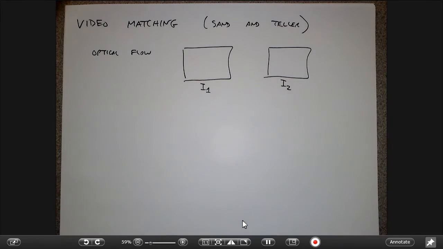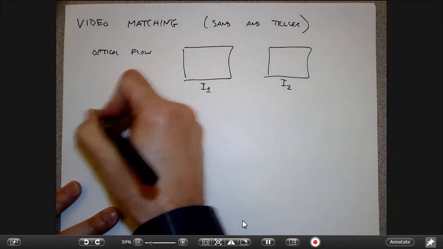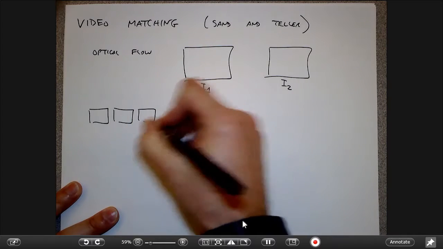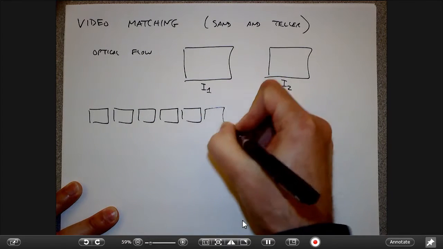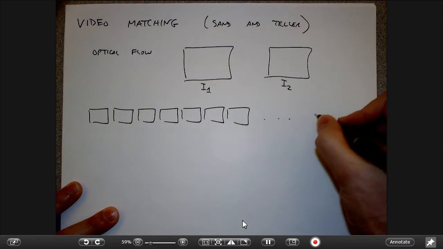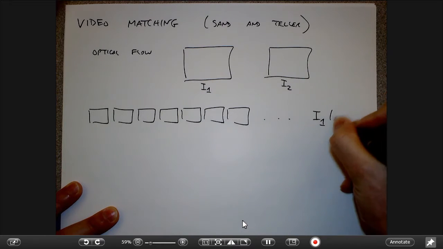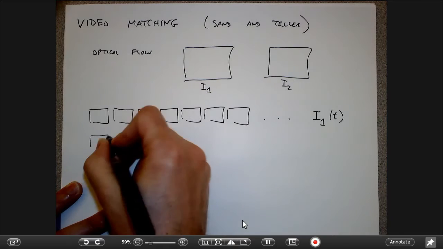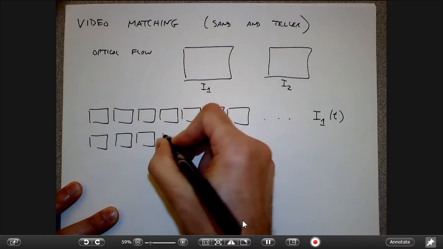What if we wanted to compute optical flow between two video sequences, right? So imagine that we have a whole series of images in one video. This is image sequence 1. We could call that a function of t, and then another video sequence.